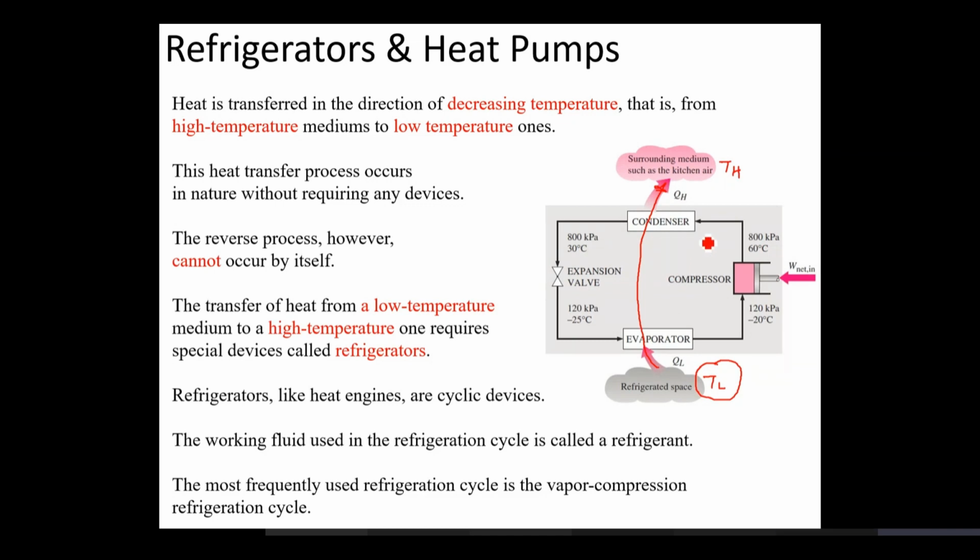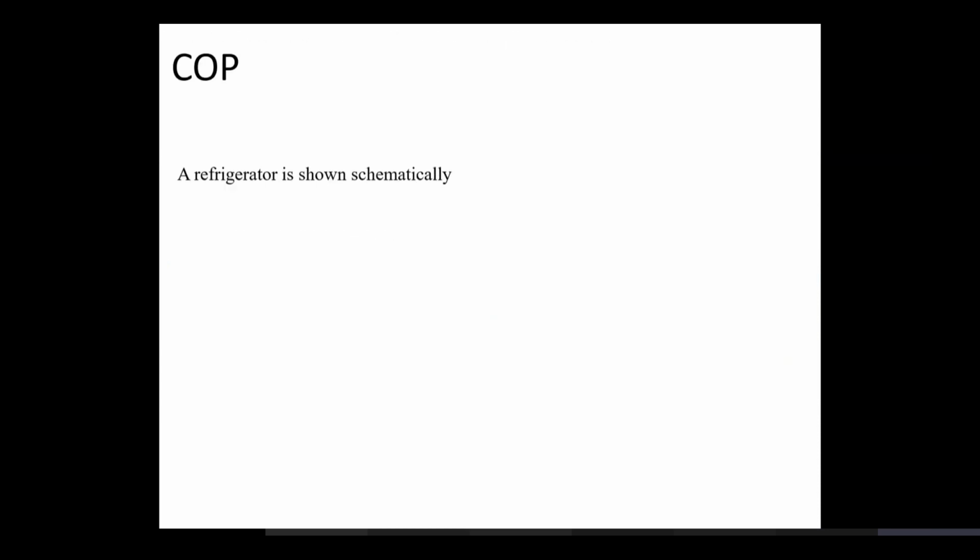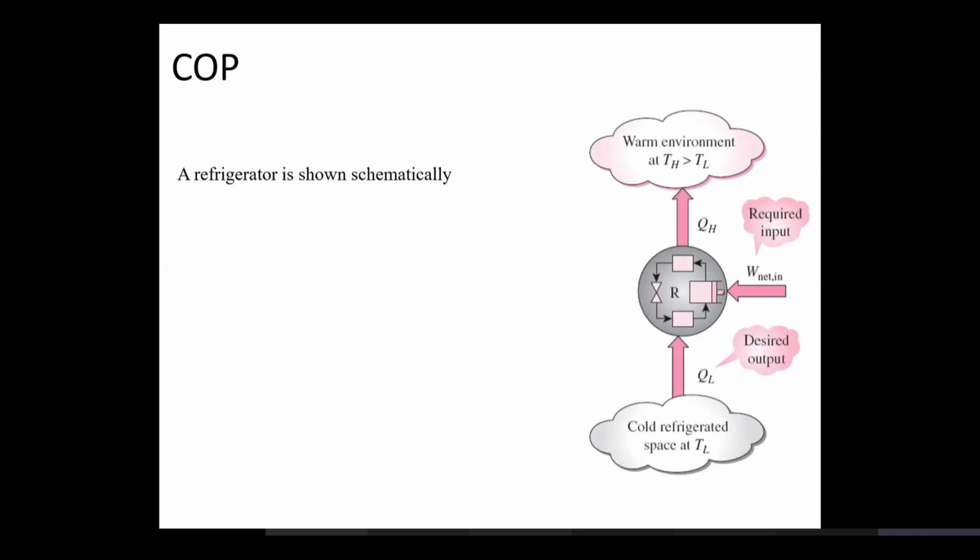We looked into the coefficient of performance of a refrigerator. Essentially, when we were talking about heat engines, we looked into thermal efficiency, and that means how much work could be extracted out of the heat that is being given to a heat engine. In refrigerators, you remember the coefficient of performance.